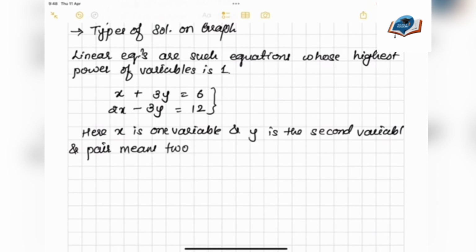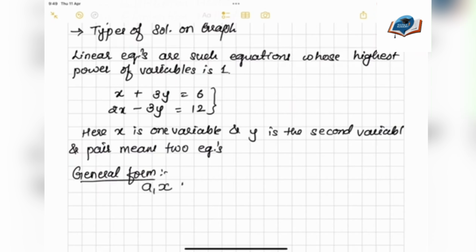So it is a linear equation, and pair means two equations. So here we are given two equations in two variables, that is x and y.